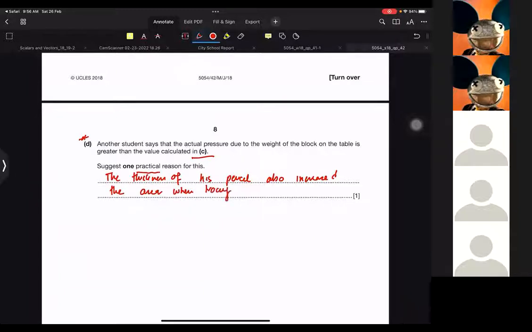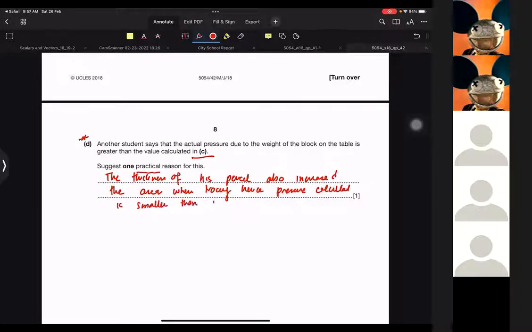Hence, pressure calculated is smaller than actual pressure. Okay, so please do write this. Unless you practice a lot of papers, you won't be able to get these things. All right.